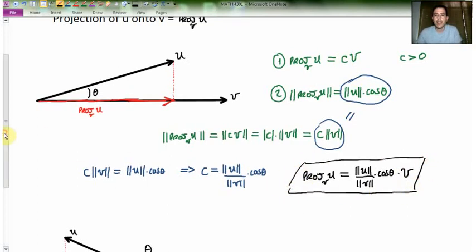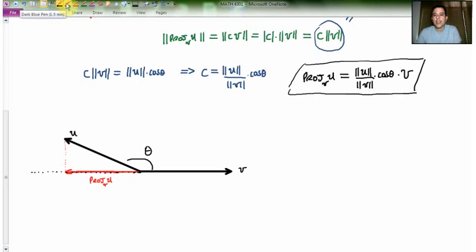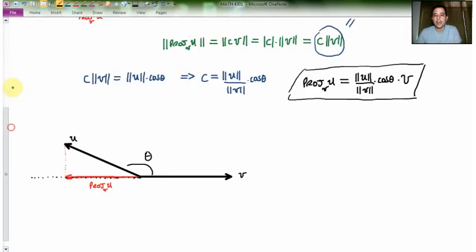Let's look at the second case. The second case is very similar. We have two pieces of information again. Number one, the projection of u onto v is a multiple of v. It's on the same line as v, but in the opposite direction, so we can see here that c is negative.